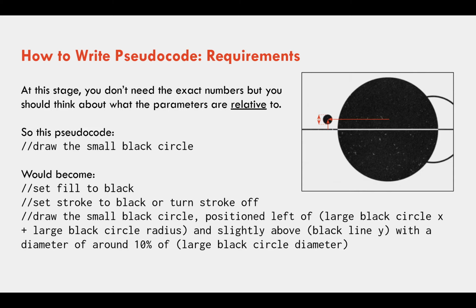So I've said positioned left of the large black circle, x plus large black circle radius, which would put it about there, and slightly above the black line y, with a diameter of around 10% of the large black circle. These values might not necessarily be right, but it's important to ballpark them and figure out what they're relative to. In this case, they're relative to the large black circle.